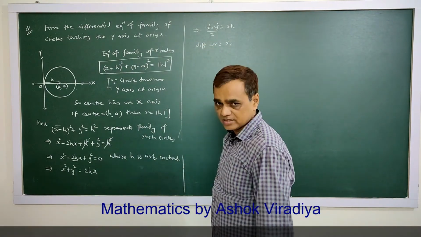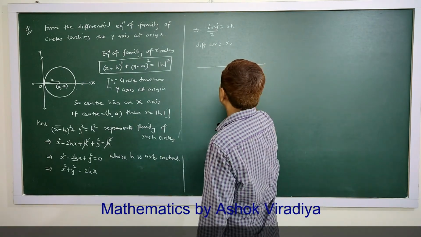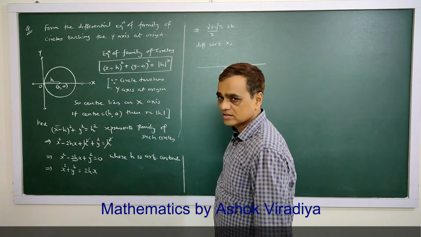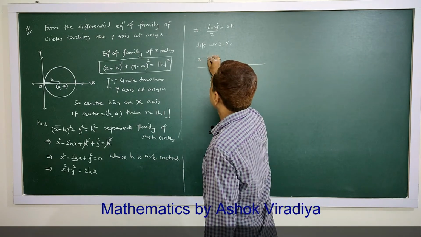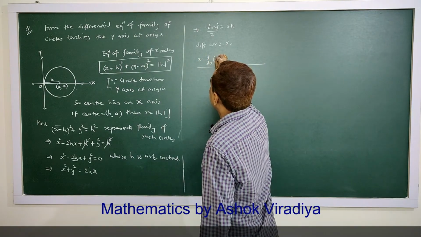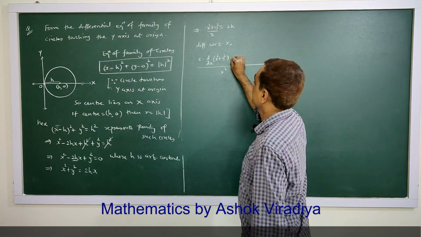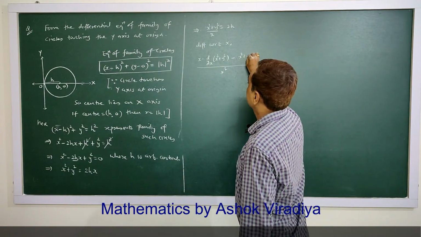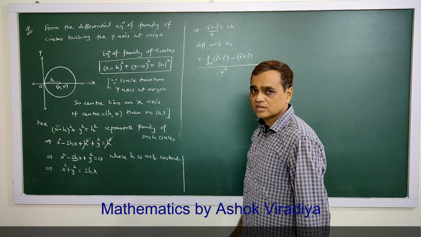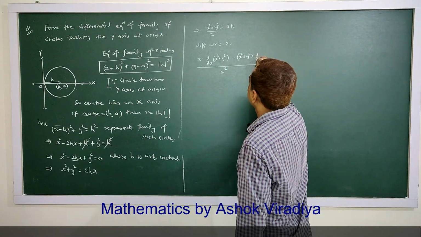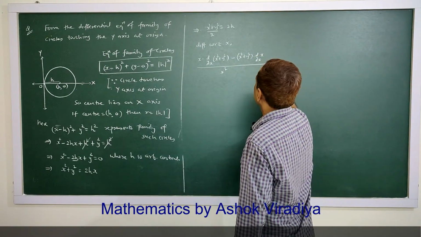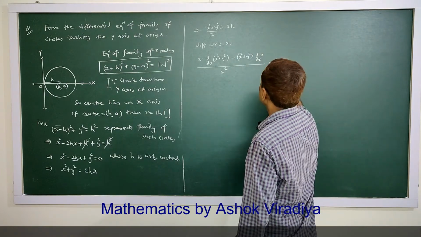u by v: v square, v as it is, derivative of u, minus u as it is, derivative of v, it is equal to the derivative of this, which is 0.